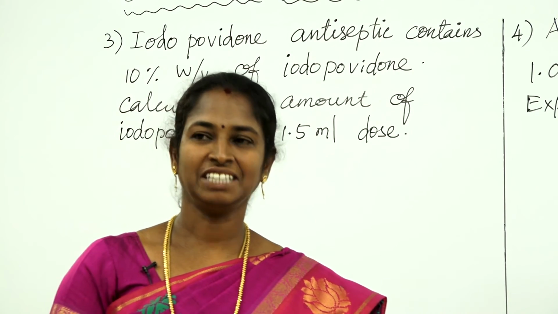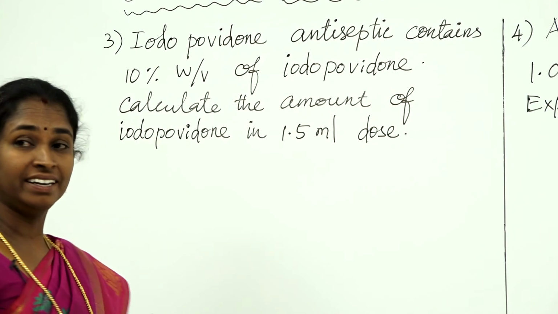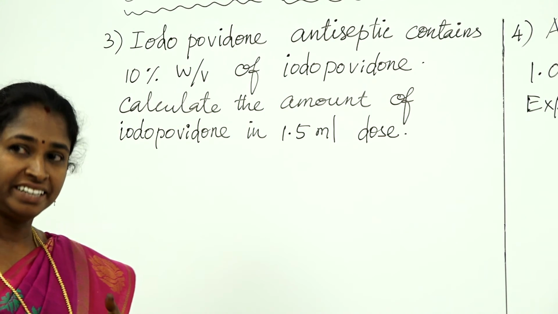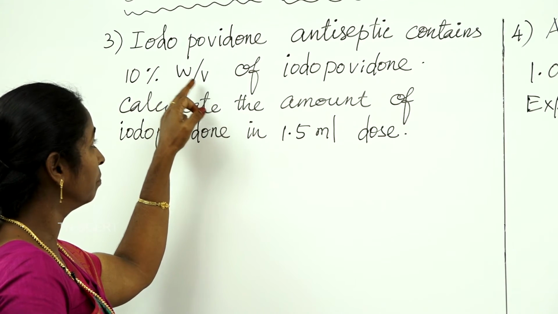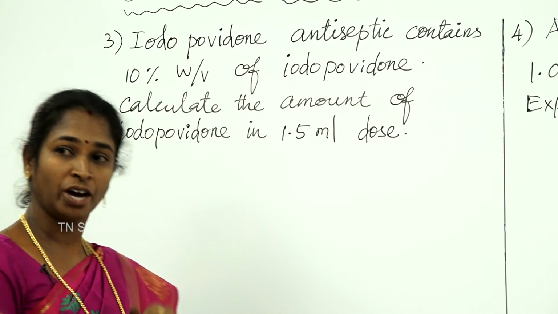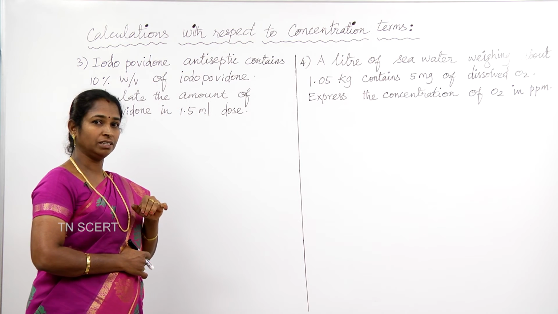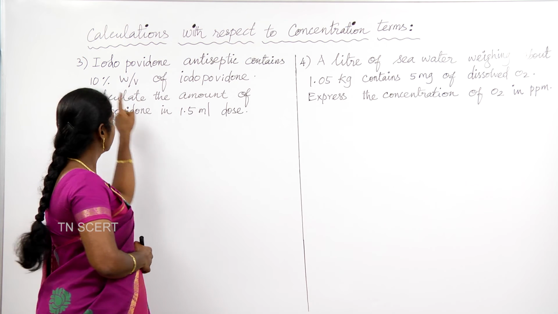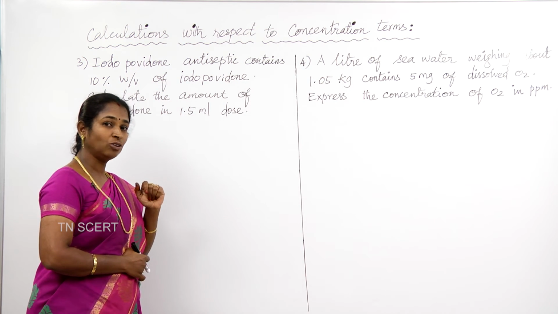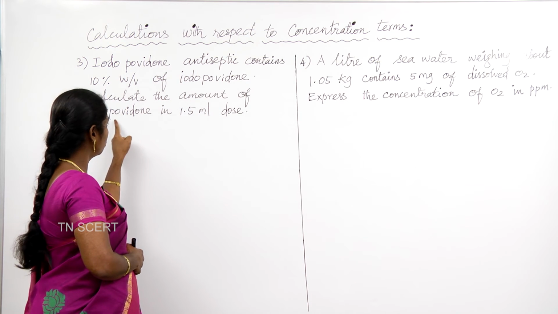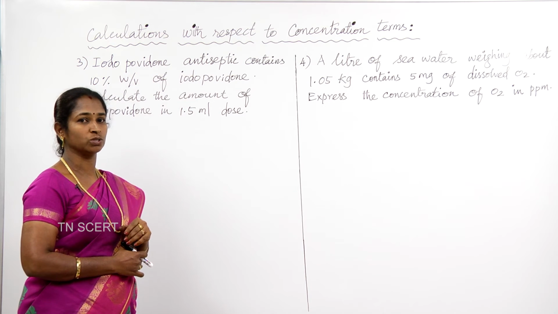Similarly, the next problem is given as iodopovidone antiseptic contains 10% W by V, that is weight per volume of iodopovidone. Actually, iodopovidone is an antiseptic solution. Calculate the amount of iodopovidone in 1.5 ml of a typical dose.